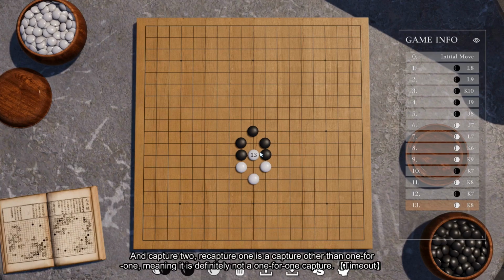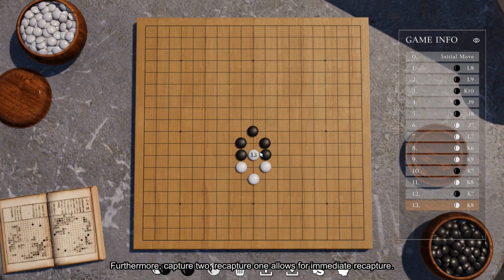And capture 2, recapture 1 is a capture other than 1 for 1, meaning it is definitely not a 1-for-1 capture. Furthermore, capture 2, recapture 1 allows for immediate recapture. All right, that concludes the explanation for this lesson.